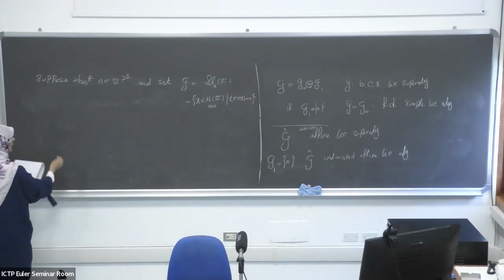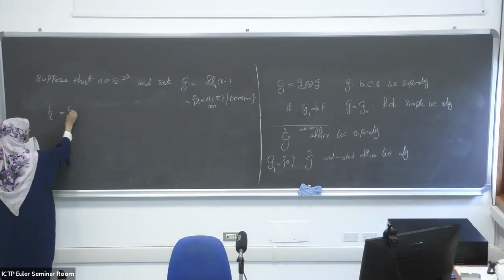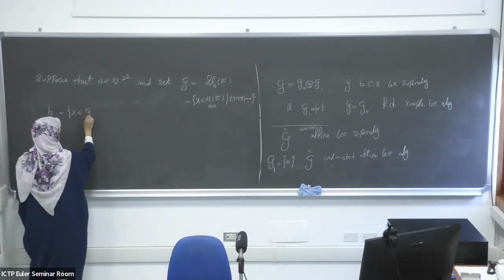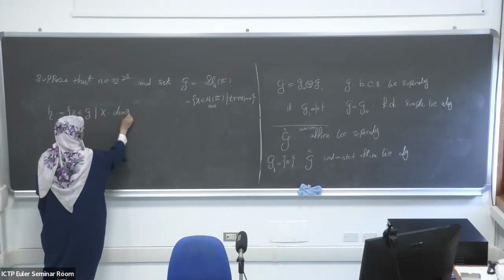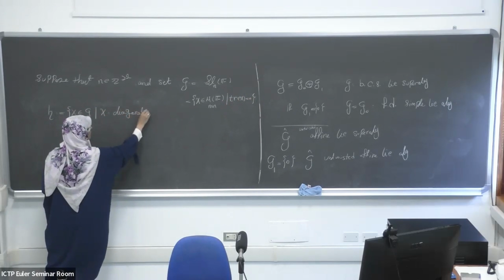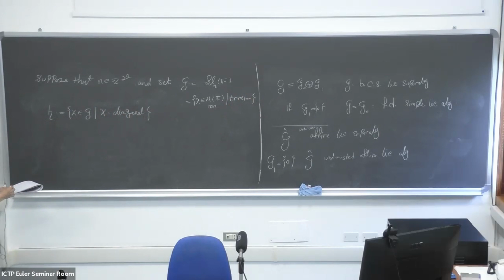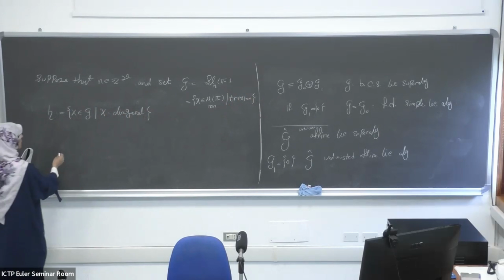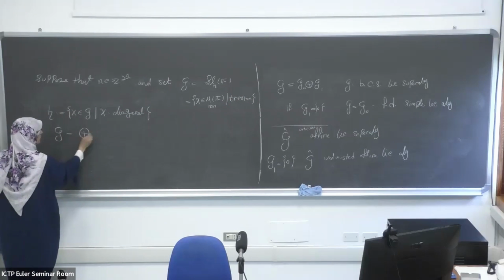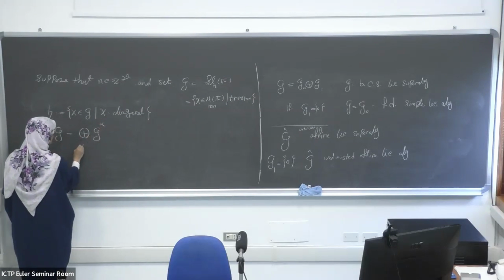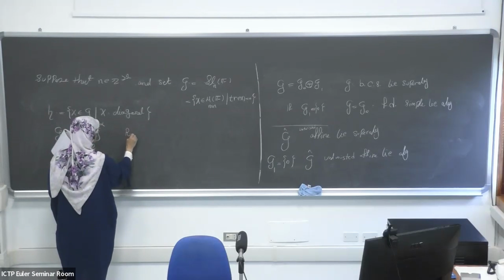Okay, and you remember we had H, that is the set of all elements of G that are diagonal, right? And you remember again, G is the direct sum of G alpha where alpha is an element of R. And what was R?